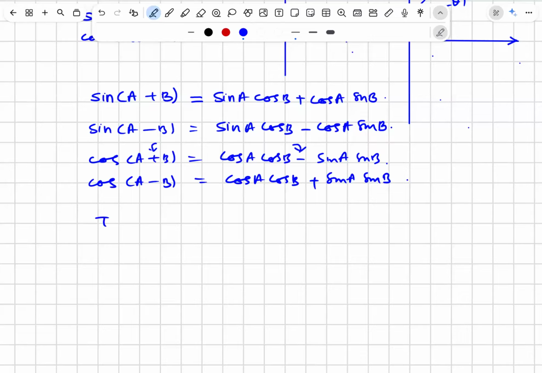Now tell me tan A plus B. Yes, tan A plus tan B by 1 minus tan A tan B. These are the minimum things I want. I am not expecting too much.